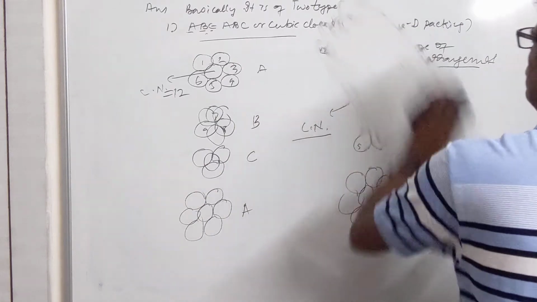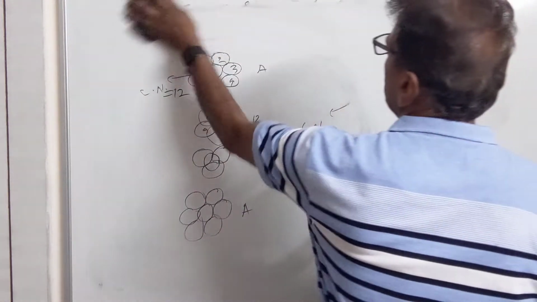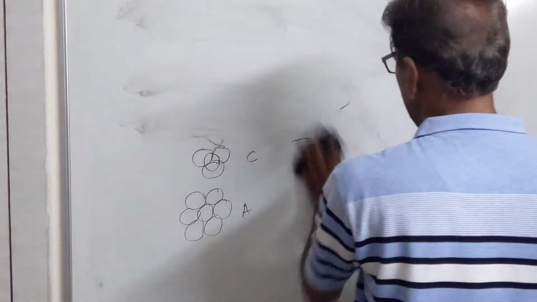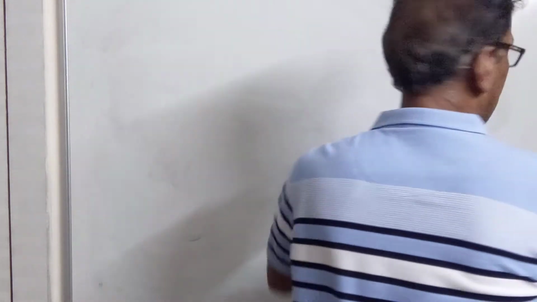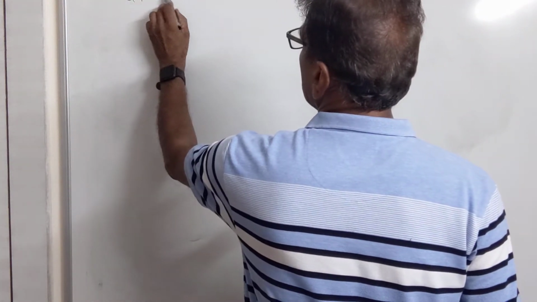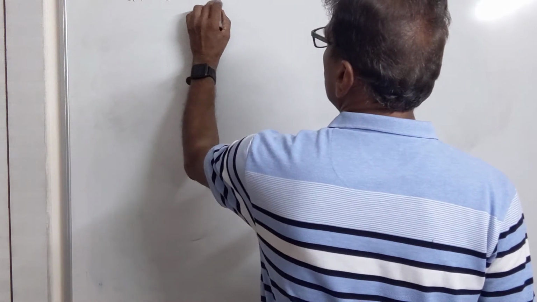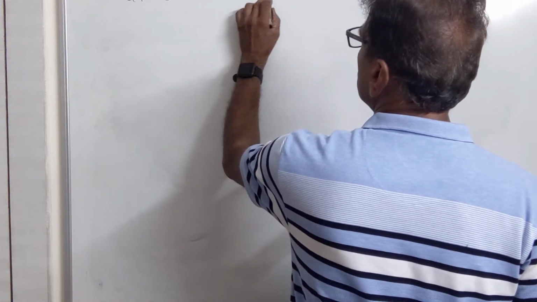Then we come to another important question. What are the different structures? We have to tell their structural arrangement and different types of, let's say, the parameters of each structures. So, question number 12 is discuss some ionic solids.